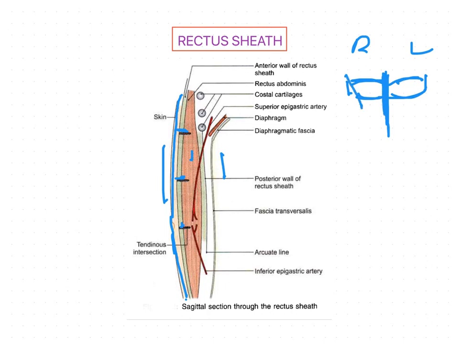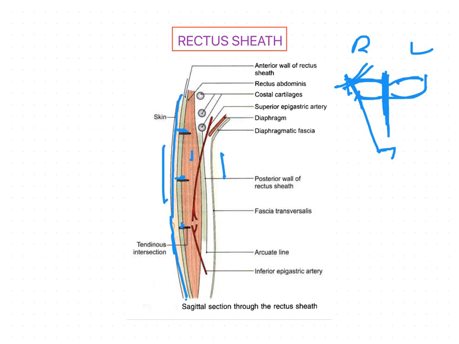The lateral wall is formed by the linea semilunaris. It extends from the tip of the 9th costal cartilage to the pubic tubercle. So these are the walls of the rectus sheath.